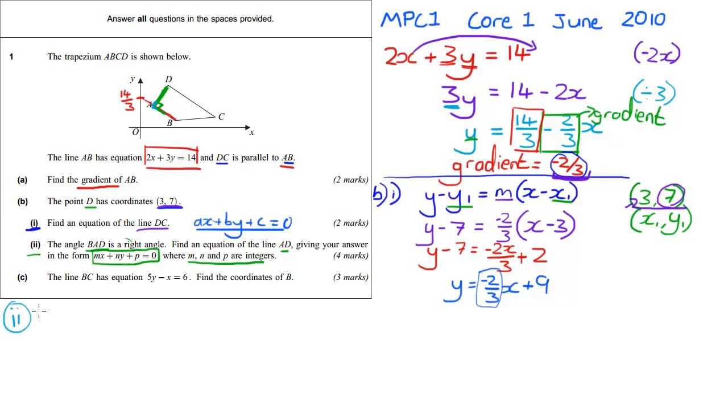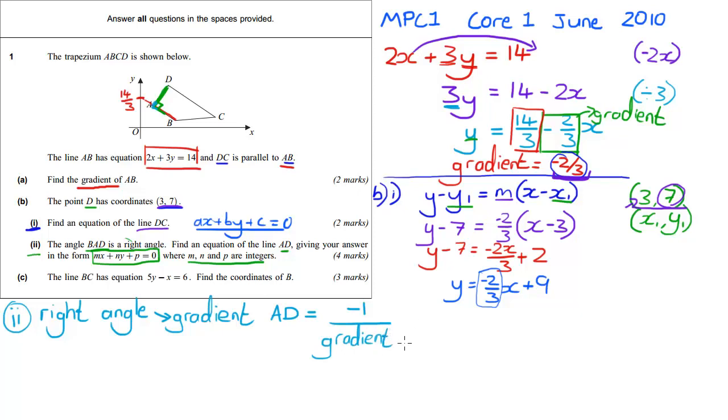If the angle is a right angle, then the gradient of AD is equal to minus 1 over the gradient of AB.